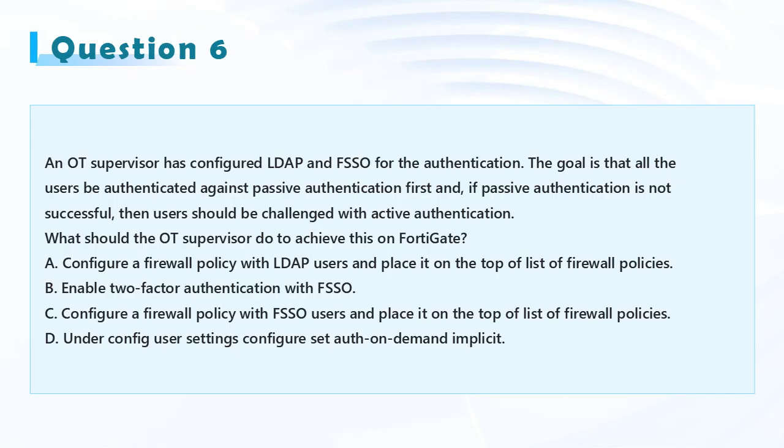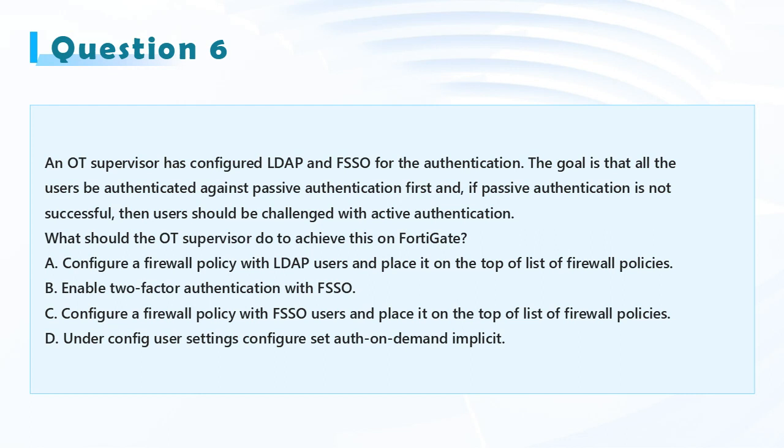Question 6. An OT supervisor has configured LDAP and FSSO for the authentication. The goal is that all the users be authenticated against passive authentication first, and, if passive authentication is not successful, then users should be challenged with active authentication. What should the OT supervisor do to achieve this on FortiGate?